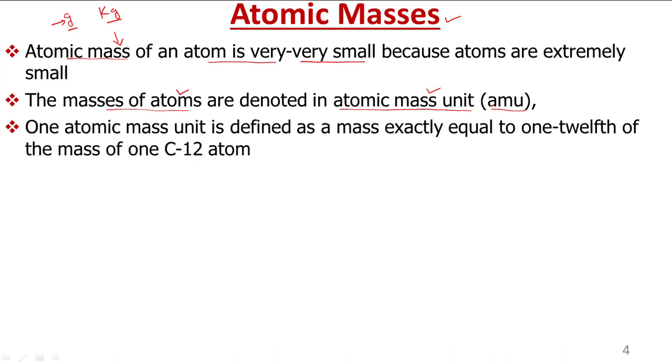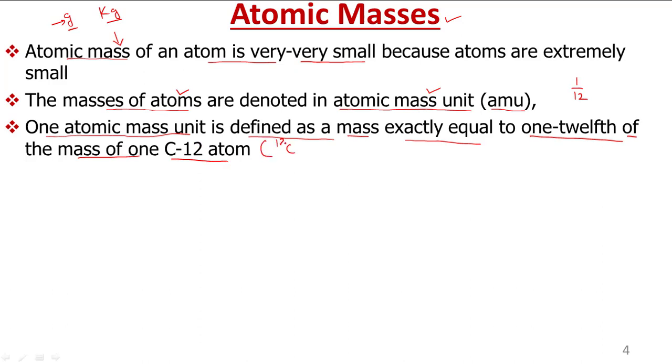Now what is AMU? If we have to give its definition, AMU is a standard, and one atomic mass unit is defined as a mass exactly equal to 1/12, that is 1 by 12, of the mass of one carbon-12 atom. Carbon-12 is one isotope of carbon.